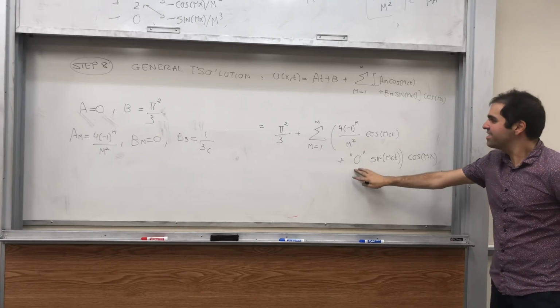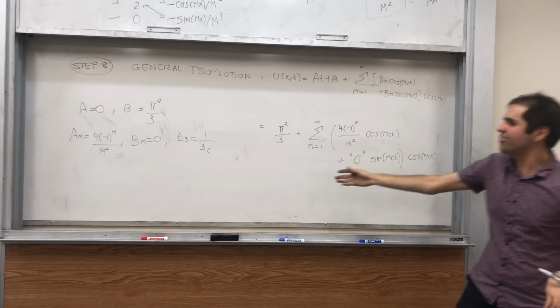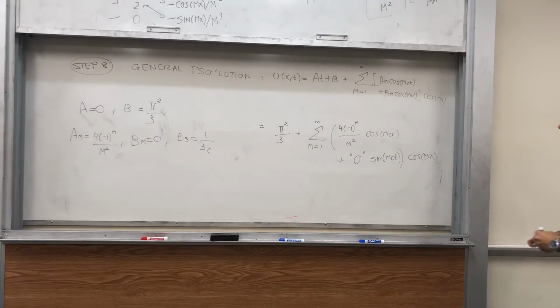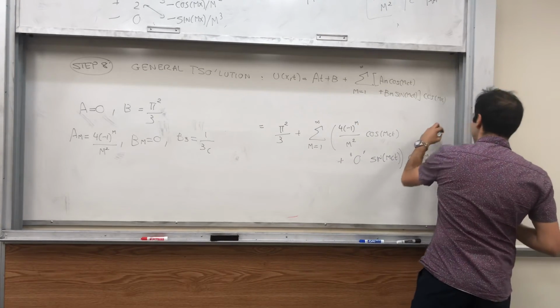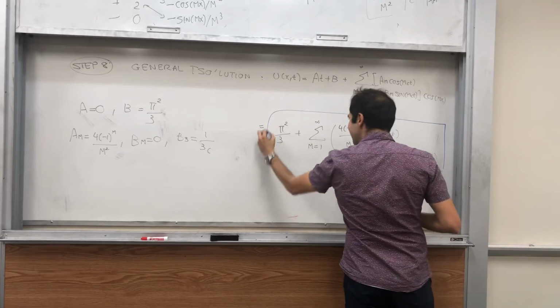And again, this is 0 everywhere except at 3, which is 1 over 3c. So this is how we can think about this. And notice what is nice.